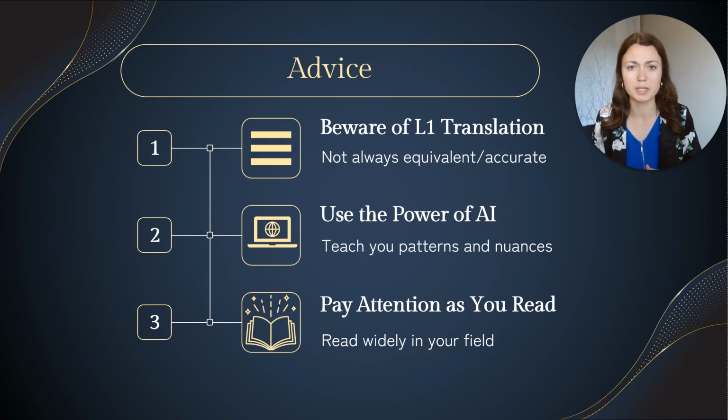And in order to do this, you have to read widely in that field, starting to recognize the patterns from the authors you're reading. ChatGPT can certainly help you with this, but also just reading documents, reading emails, seeing the verbs that other people in your field are using, and then making a mental note of those for your own writing as well.